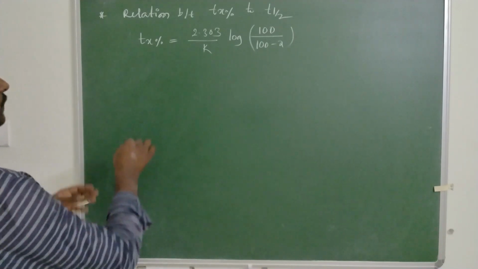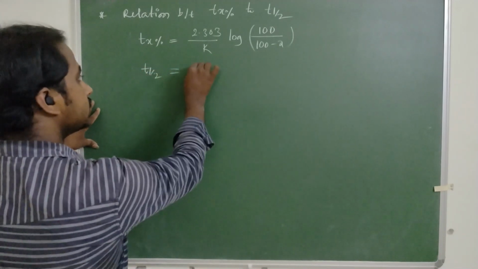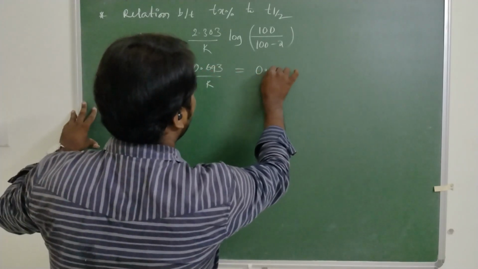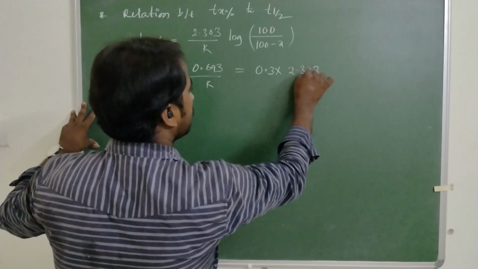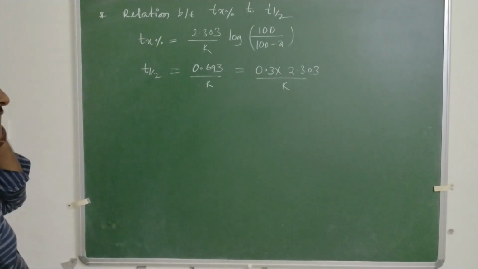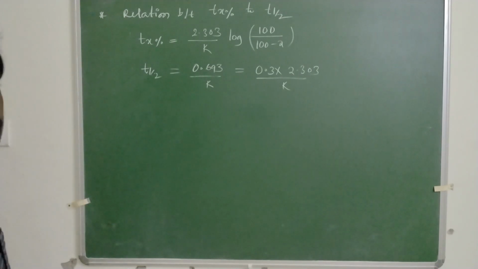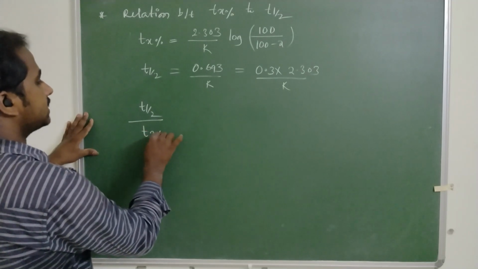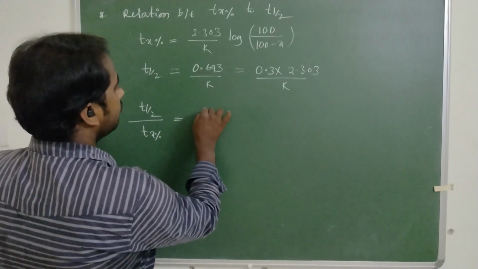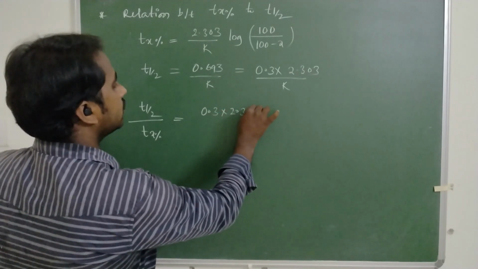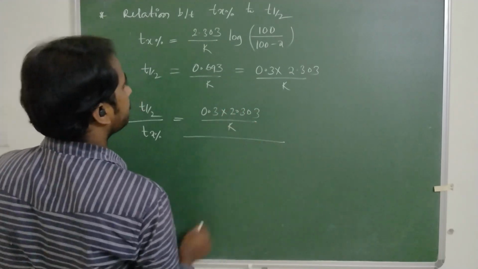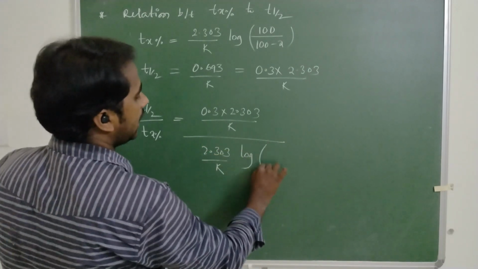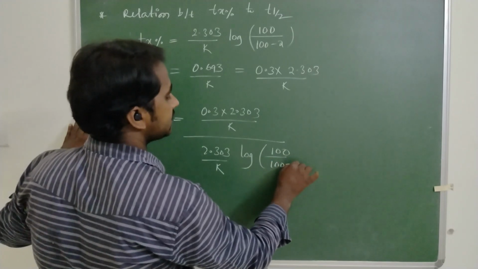We have t half is equal to 0.693 by k. That can be written as 0.3 into 2.303 by k. So now if you divide, I can write t half by t x percentage is equal to 0.3 into 2.303 by k, by 2.303 by k log 100 by (100 minus x).